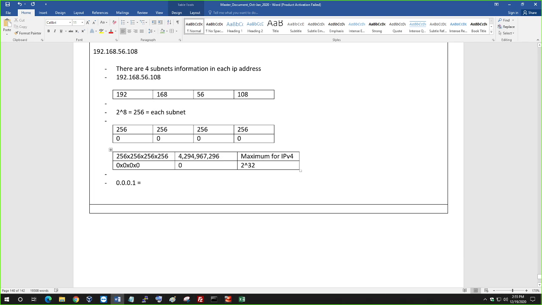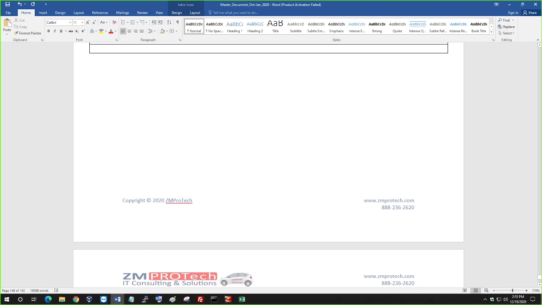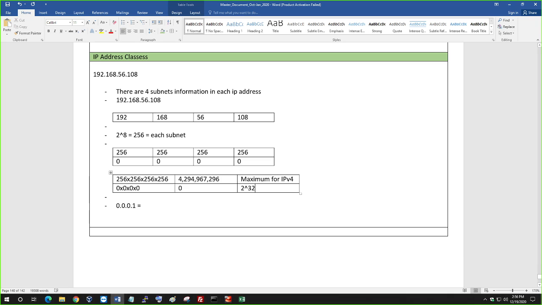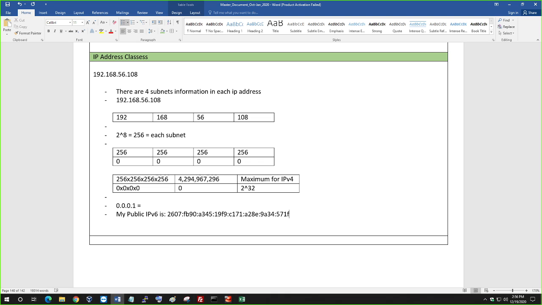So I did my IP address here. This is the IP address of my cell phone, okay? This is the IPv6 address. So it has 1, 2, 3, 4, 5, 6, 7, 8. So instead of 4 octets, this one has 8 groups in it.